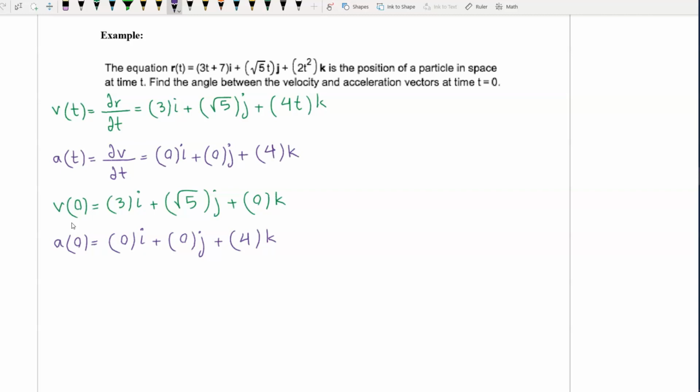Notice that the acceleration vector does not depend on time. So based on what we had on this part, we didn't have t, so I didn't plug in 0 for t. That's why it doesn't matter what we have for t, we're going to have the same answer for acceleration.